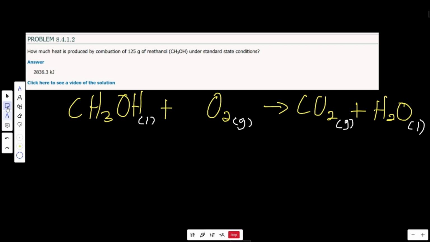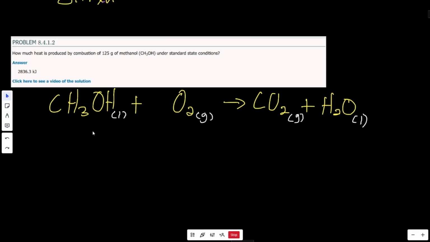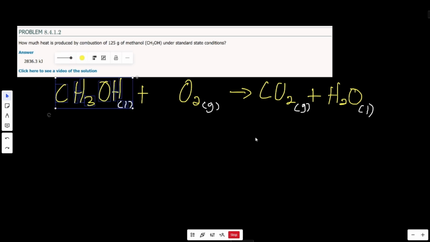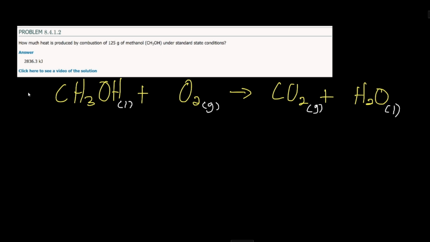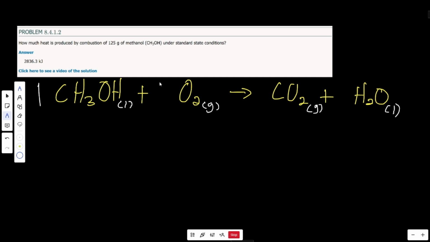Now, before we move forward, we have to balance this equation. Because this is just a combustion reaction, but it's not balanced. You need to make sure that the coefficients are right so that our enthalpies of formation don't give us the wrong answer. I've already balanced it prior to this video so that we can skip over that. The balanced coefficients are 1, 3 halves, 1, and 2.